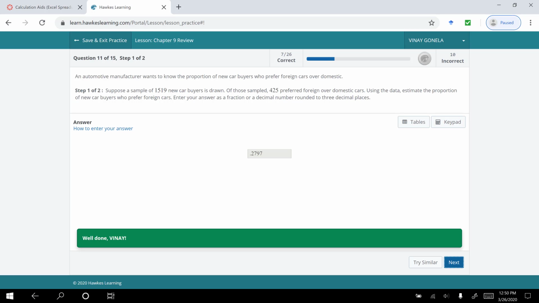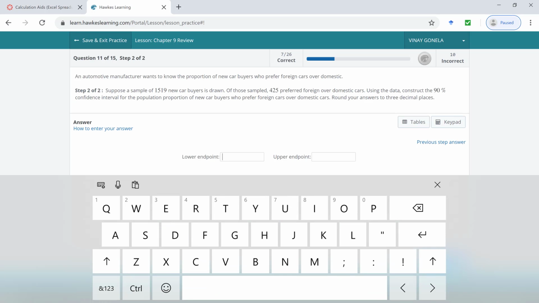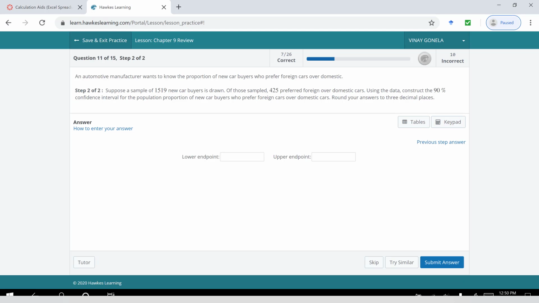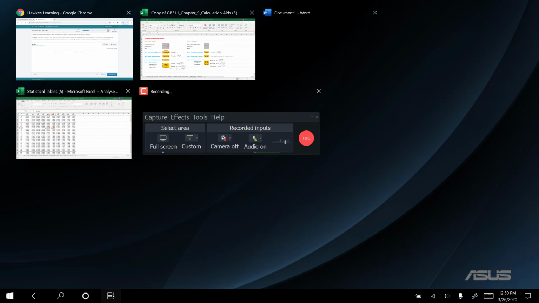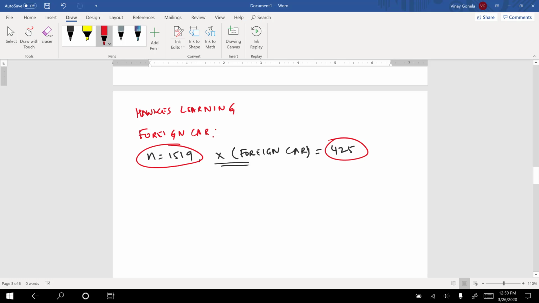So I go to the next problem. What is the lower and upper bound, and they are asking us for a 90% confidence interval. So I will go here, 90% confidence interval.